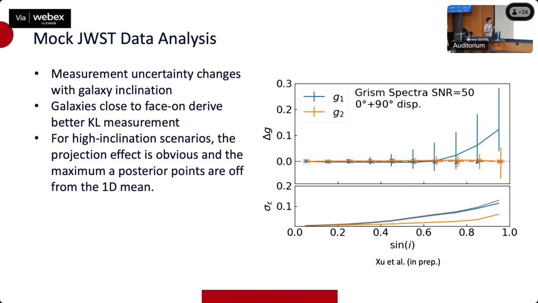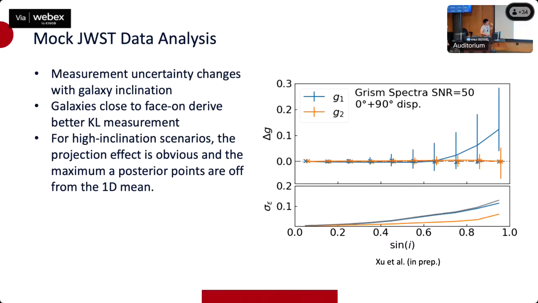And I also want to mention that the shear uncertainty of kinematic lensing depends on the inclination angle of the galaxy. So here the x-axis is the sine of the inclination angle. 0 means face on, 1 means edge on. And here is the bias of G1, G2 measurement, and here is the shape noise.